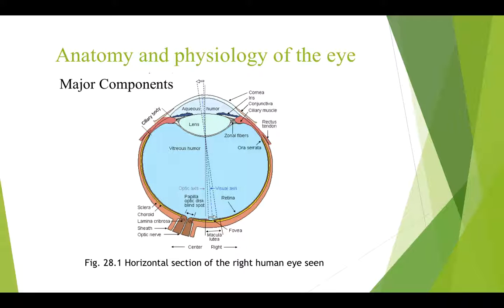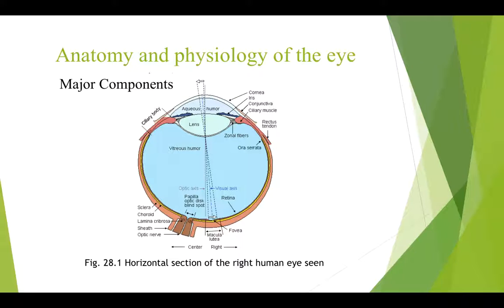Here is the anatomy and physiology of the eye. The eye and its major components are shown in Figure 28.1. Light enters the front of the eye at the cornea. Behind the cornea exists a transparent fluid called the aqueous humor. Its main function is to make up for the absence of vasculature in the cornea by providing nutrients and oxygen.